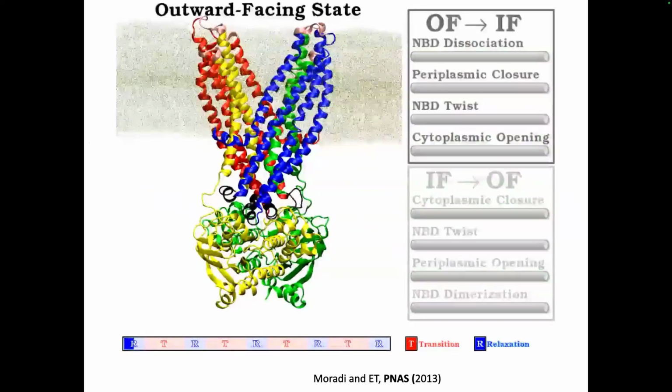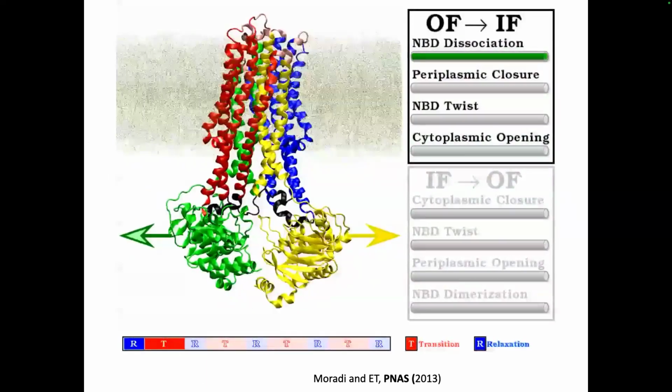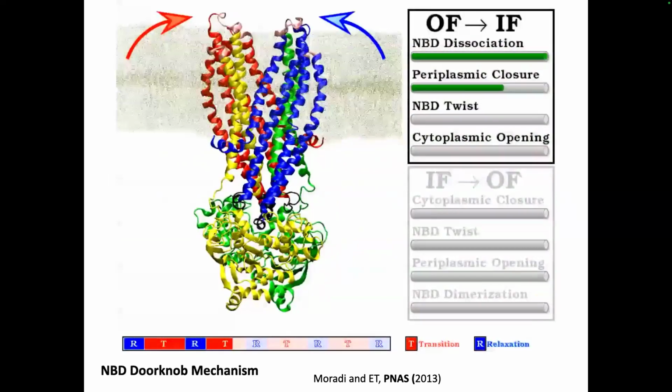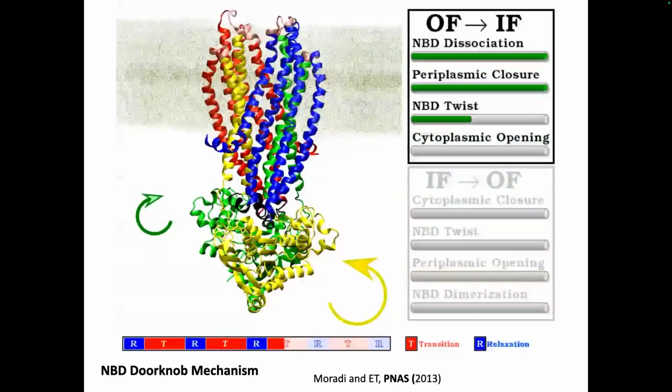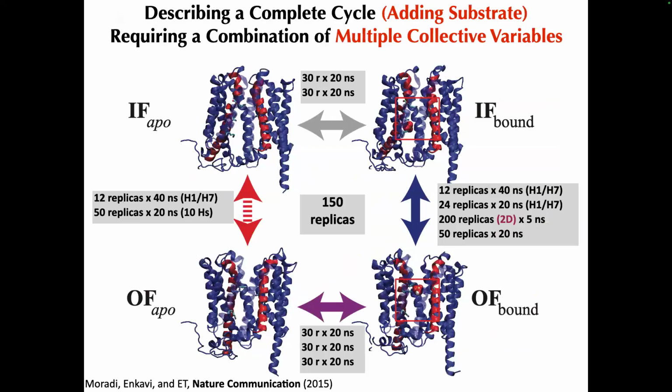Let me skip this and just show you one of the first applications of this type of approach, how we describe opening and closing, or the OF-IF transition, for this ABC transporter. But then next, we took the next step for this antiporter. You can see that here on this leg, we are describing how it goes from outward facing apo to outward facing bound.